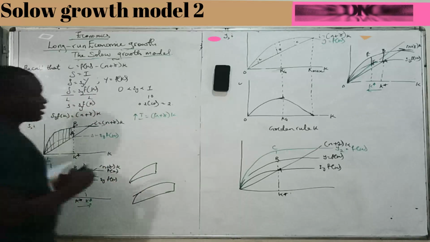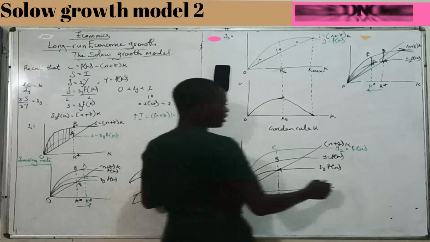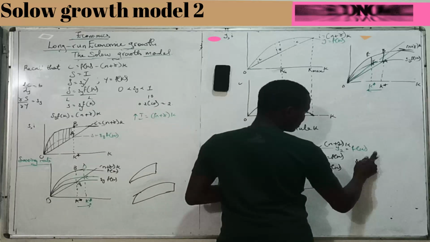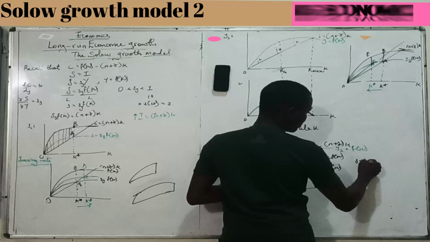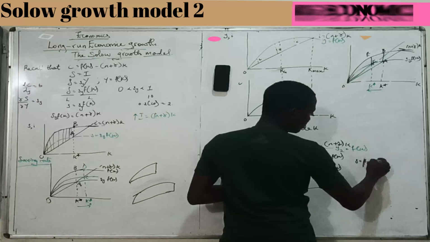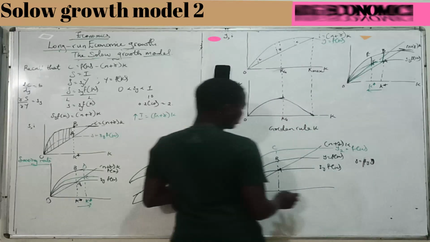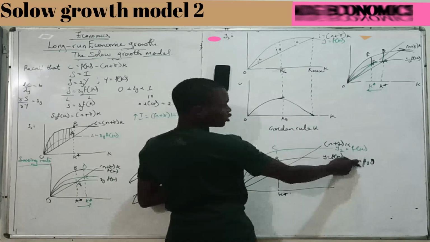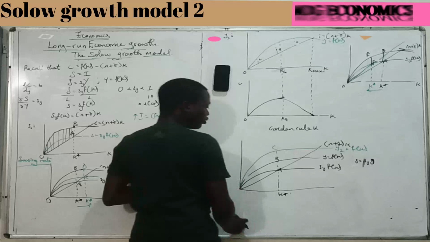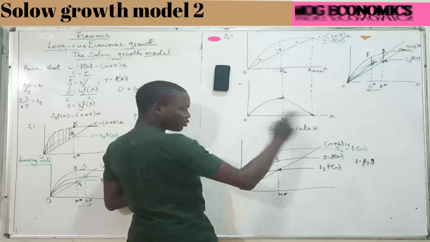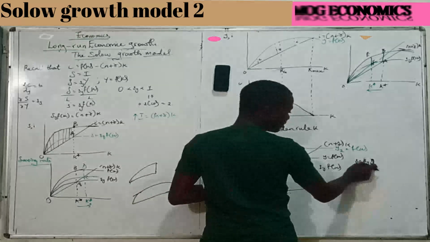Now recall that saving is a function of income, right? Saving is sY, right? So an increase in output would also increase saving. Initially, an increase in productivity increases output. That increase in output would also increase saving.